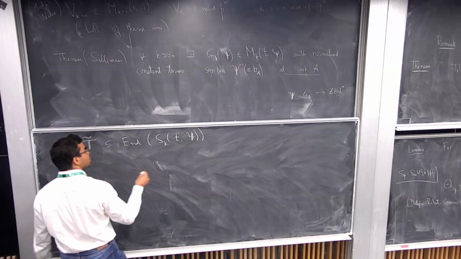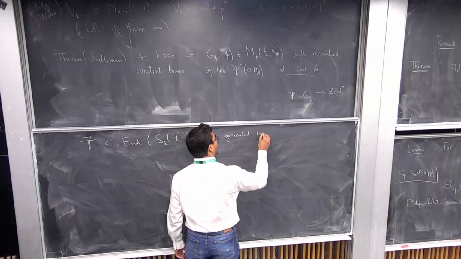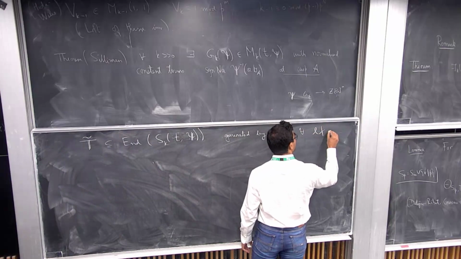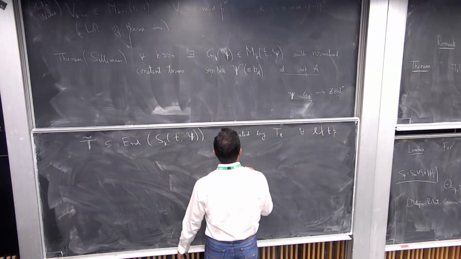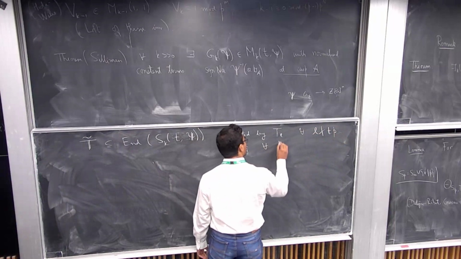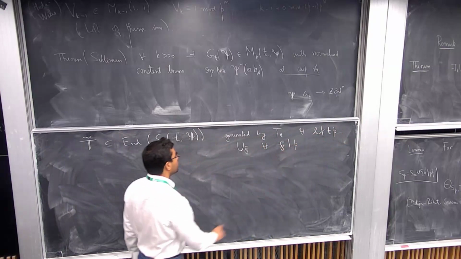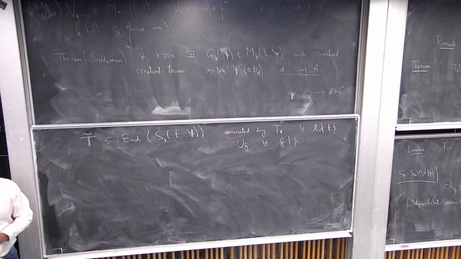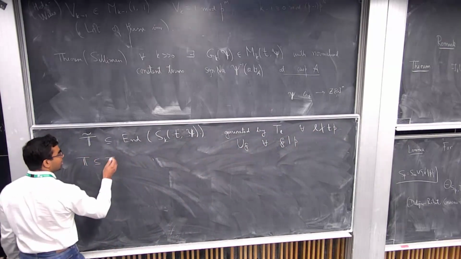This is generated by T_l for all l not dividing t and p, and then by U_P for all P dividing p. I ignored U_t, which is what you asked me yesterday, but we don't need them. And then, oh, and diamond operators.